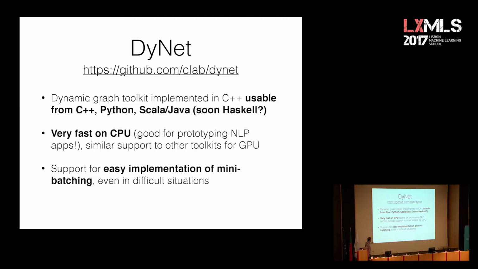And maybe one of the big selling points that isn't really available in other toolkits is its easy implementation of mini-batching. So even if you have very complicated network structures, you want to try complicated things, you can do easy implementation of mini-batching. And that's one of the things that I'll talk about at the end today.